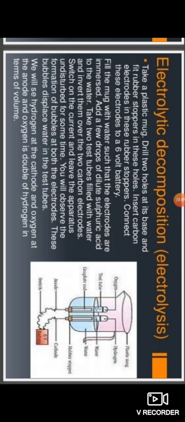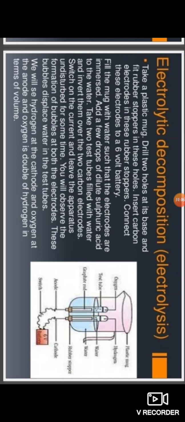So what will you observe? The formation of bubbles at both the electrodes. These bubbles displace water in the test tube. We will see hydrogen at the cathode and oxygen at the anode. And the volume of hydrogen is double that of oxygen.